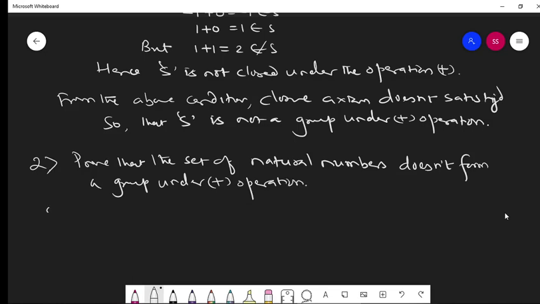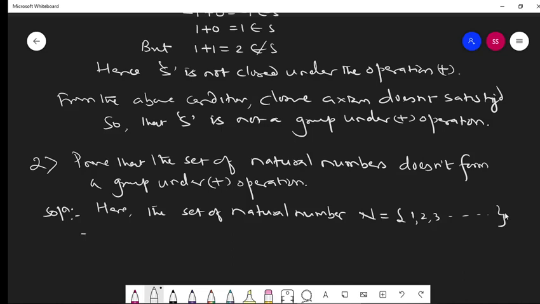Interesting question. Now the solution for question number 2: here we have given the set of natural numbers, that is N equal to {1, 2, 3, ...}.